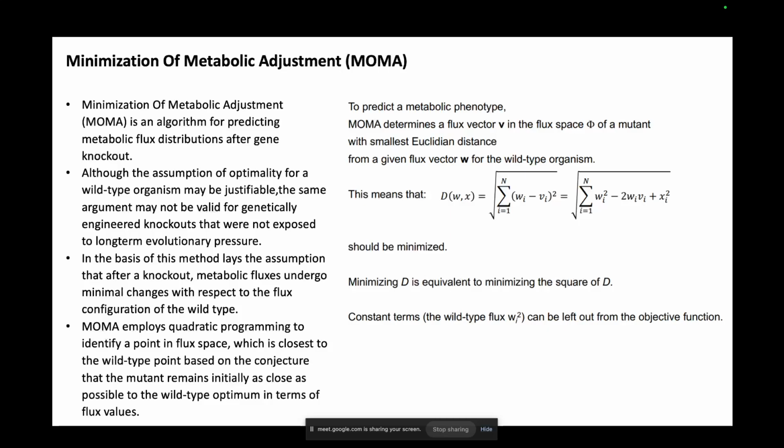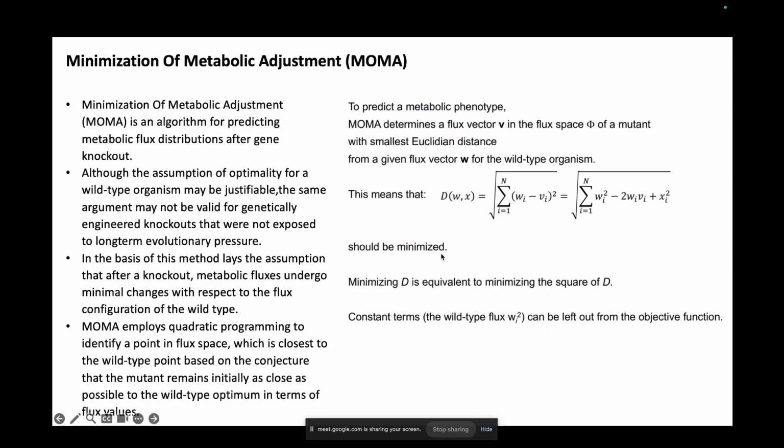So to predict a metabolic phenotype, MOMA determines a flux vector V in the flux space phi of a mutant with the smallest Euclidean distance from a given flux W for the wild type organism. So this is your older flux, this is your newer flux, and this is the distance between them which you are trying to minimize.